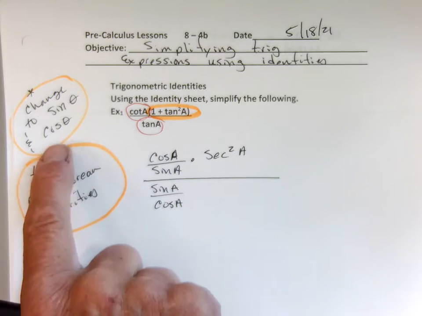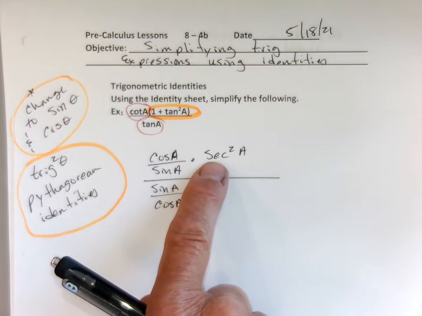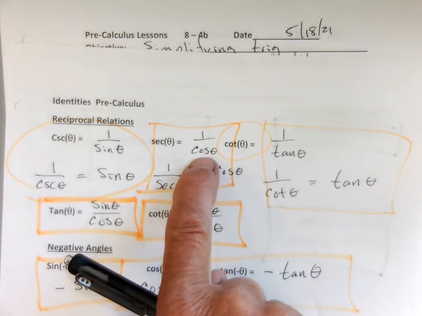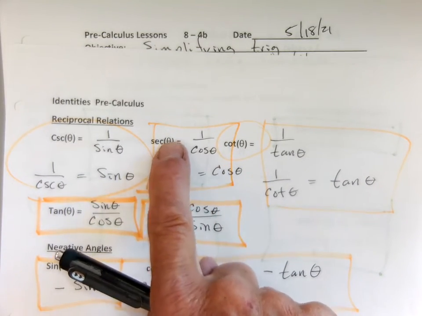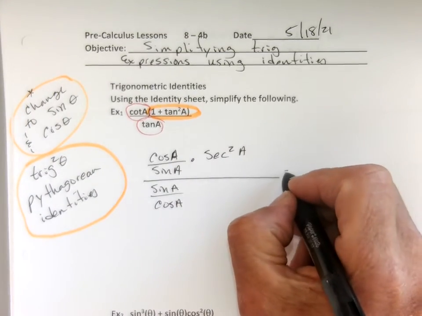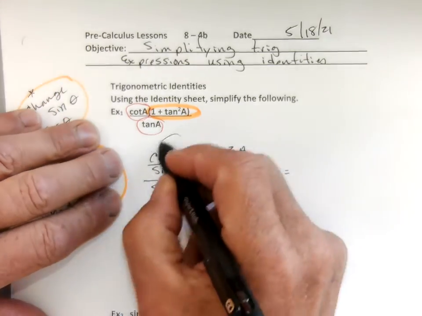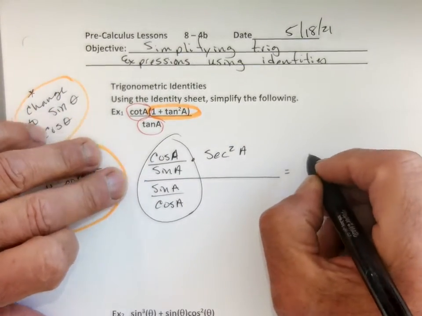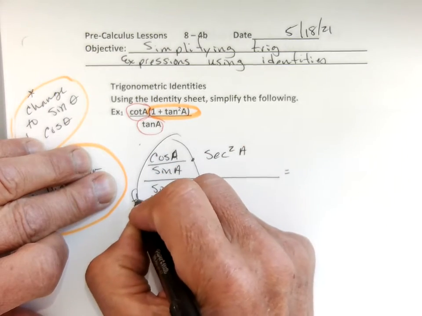Again, I want to change things into sines and cosines. I know secant is 1 over cosine, so secant squared would be 1 over cosine squared. All right, so let me keep writing this. And I'm going to invert and multiply here. You guys okay with that? I'm going to flip, because I'm dividing.